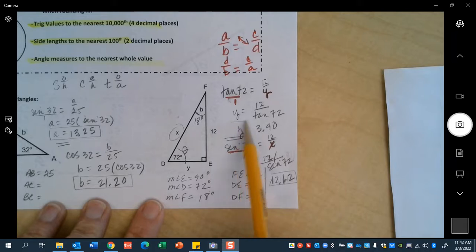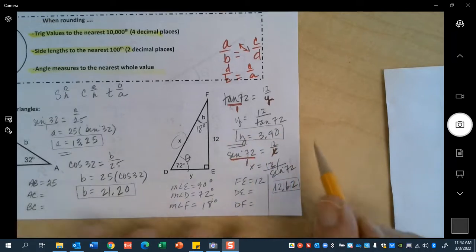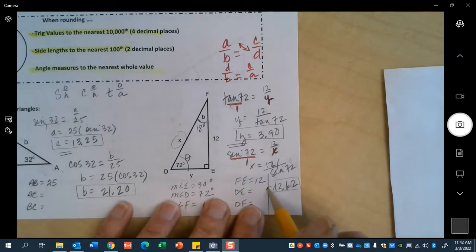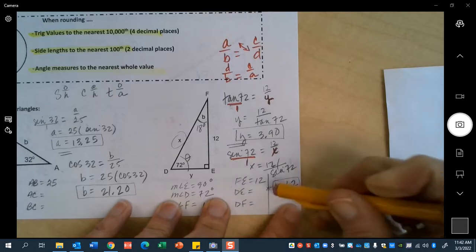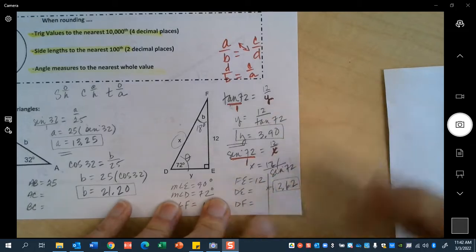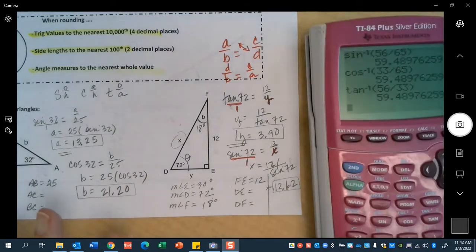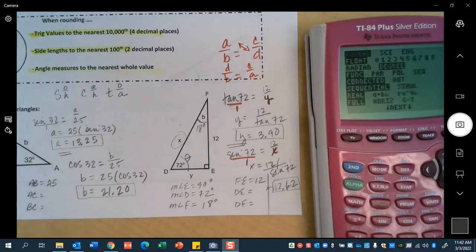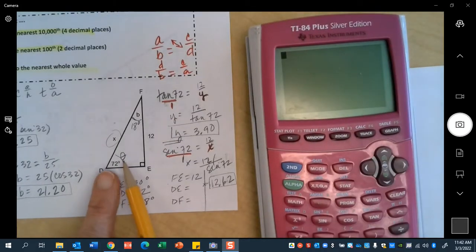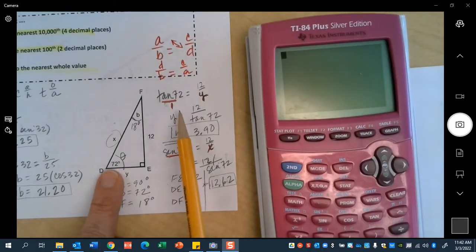My y value is here, and my x value is here. That's a 12. Let's see. So I'm going to check and make sure my mode is in degree. My first step always. And then I know that my theta is here, and I'm solving for y.